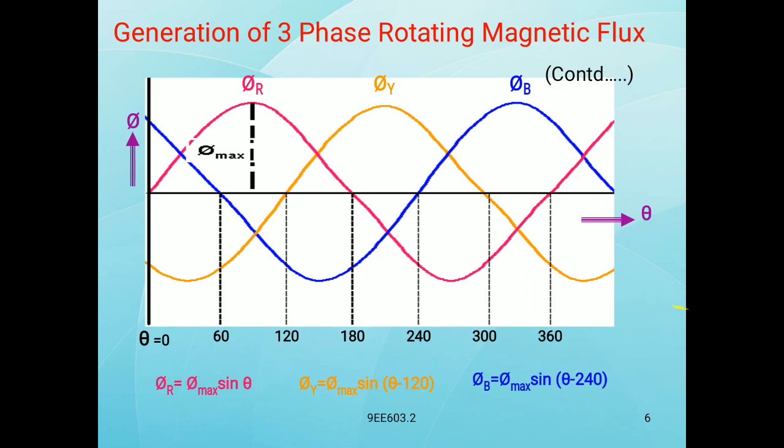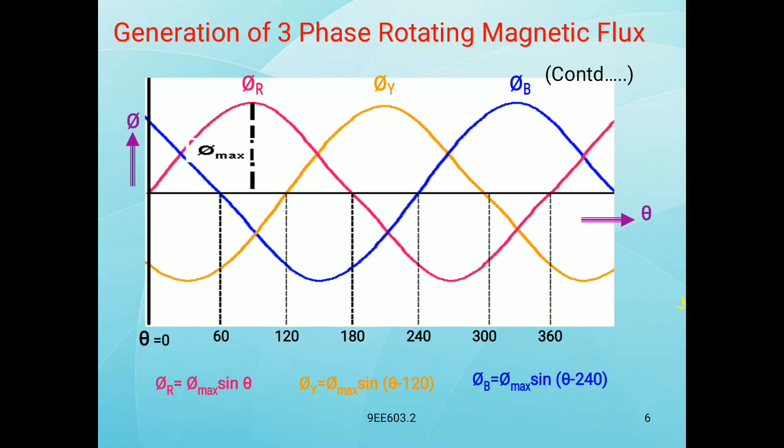The flux in R phase starts at 0 degrees, then goes to maximum, then to 0, then goes negative, and then returns to 0. This is the flux of R phase. Next, the flux of Y phase starts at 120 degrees.